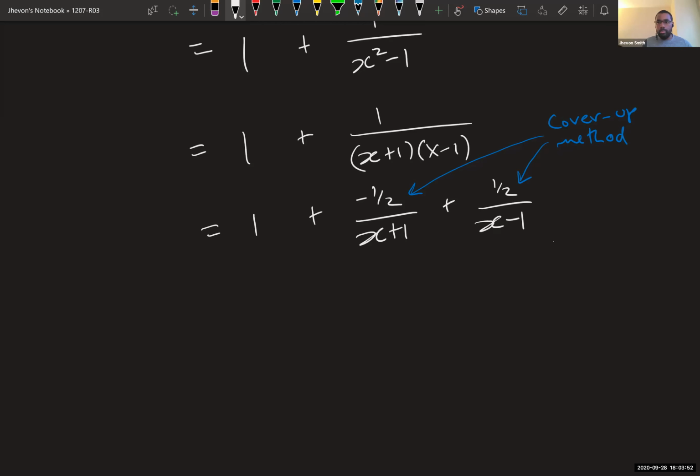Right, and like I said, I showed you the reason why this works earlier. There's actually a much larger theoretical reason why this works, but it's way above the level of this class. So that's all I'll say about that.